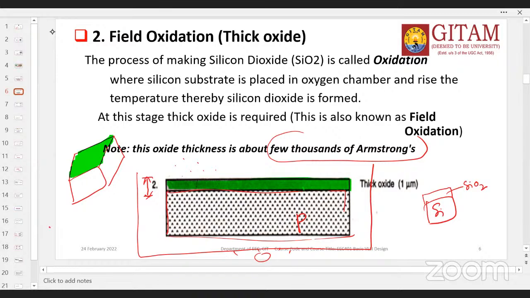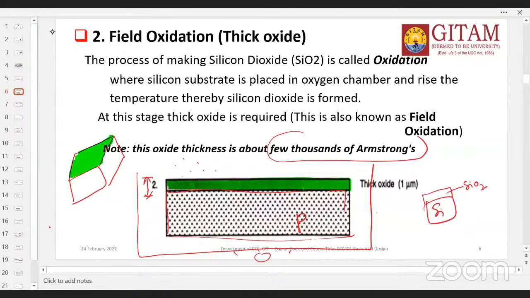So what we have seen: first, crystal growth, where the substrate is formed. The second is field oxidation. Why have we done field oxidation? That's the question. I'm going to perform operations on selected portions, not on all portions.